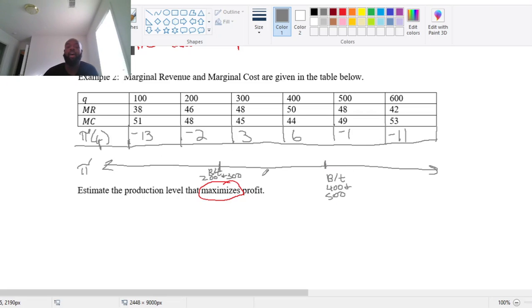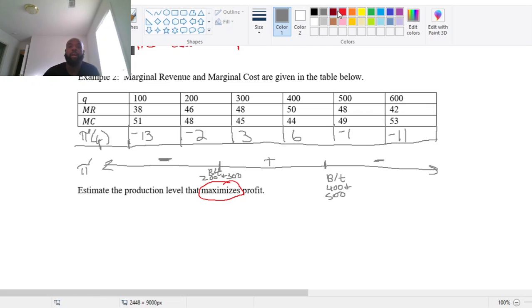Remember, we always put the values of Q that make our derivative zero on our number line. And then we notate on our number line whether the derivative was positive before that. And so since we have a derivative that's with these negative values, it's negative. 3 and 6 are positive numbers. Negative 11 and negative 1 are negative numbers, right?